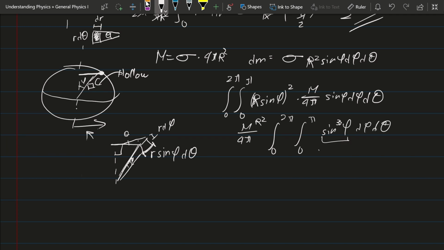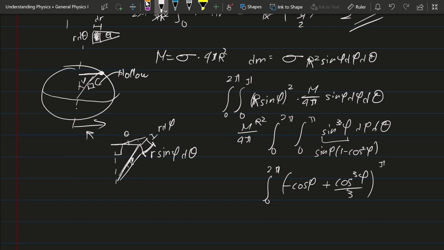So the sine cubed will be written as sine phi times 1 minus cosine squared phi. So we could solve this. Integral from 0 to 2 pi of the integral of sine phi, which is negative cosine phi. And then this other part, which is the cosine cubed phi over 3.